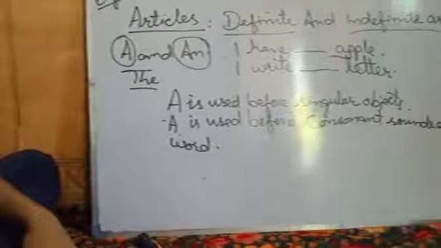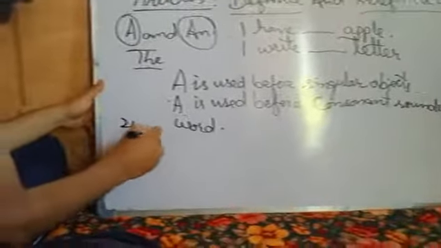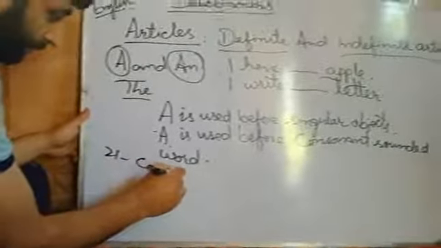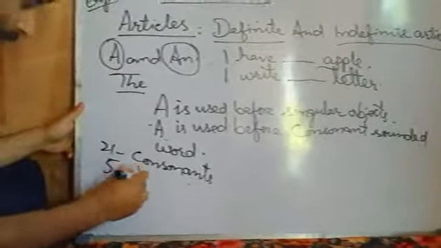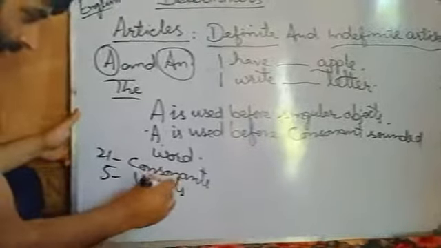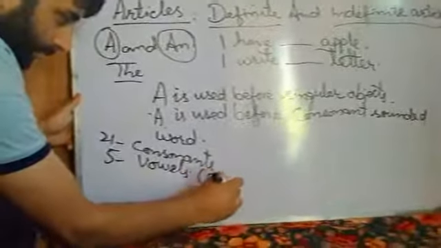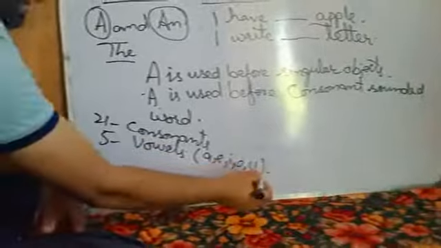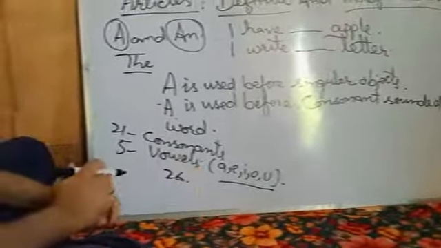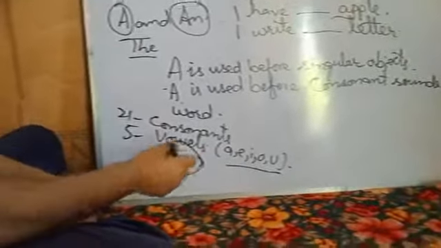From the beginning, we have learned that 21 are consonants and 5 are vowels, and these 5 are A, E, I, O, U. It is a traditional method, because they appear before us when we begin learning. We have 26 letters or alphabets in English.